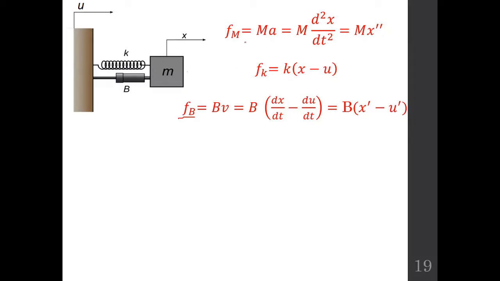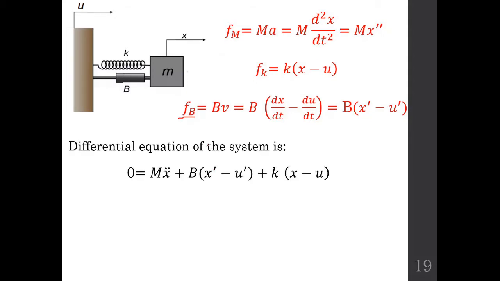So we have the equations for Fm, Fk and Fb, and we will simply put them in the previous equation, so 0 is equal to m x double dash plus b into x dash minus u dash plus k into x minus u. To find the transfer function, we need to take the Laplace transform of this equation.